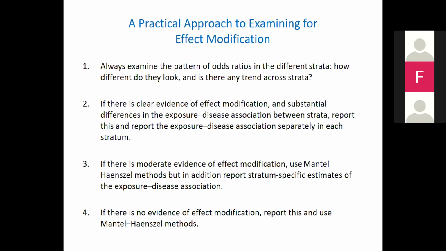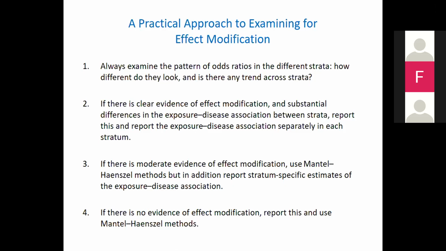You report it like that. For people less than 50, those that are obese are 1.5 times more likely to have cardiovascular disease. For people above 50, those that are obese are 10 times more likely to have cardiovascular disease. You report it like that.